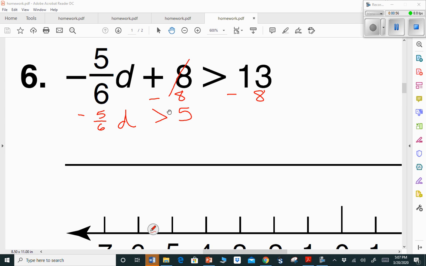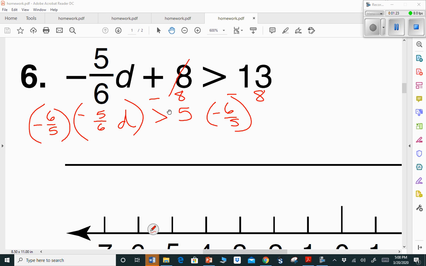To get rid of a fraction in front of a variable, you have to multiply by its reciprocal, which is going to be 6/5, and we'll multiply by a negative because negative times negative will equal positive. If we multiply by negative 6/5 on one side, we have to multiply by negative 6/5 on the other side.